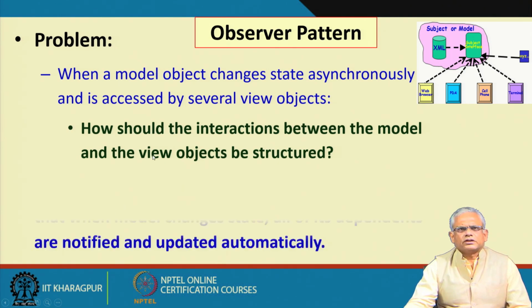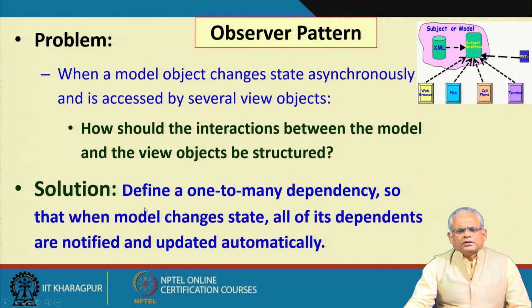Now, let us look at the solution here. The solution offered by the observer pattern is to define a one to many dependency, so that when the model changes state, all the dependents are notified and updated automatically. Let me elaborate the solution. There is a one to many dependency.